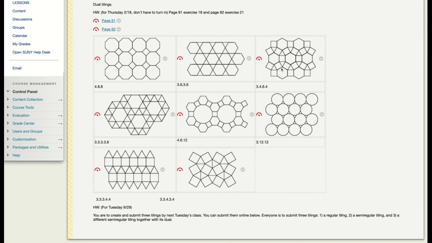If I go back to the 3, 4, 6, 4, in fact, let me do a whiteboard here. We have the triangle contributing 60. The square is contributing 90. The hexagon is contributing 120.